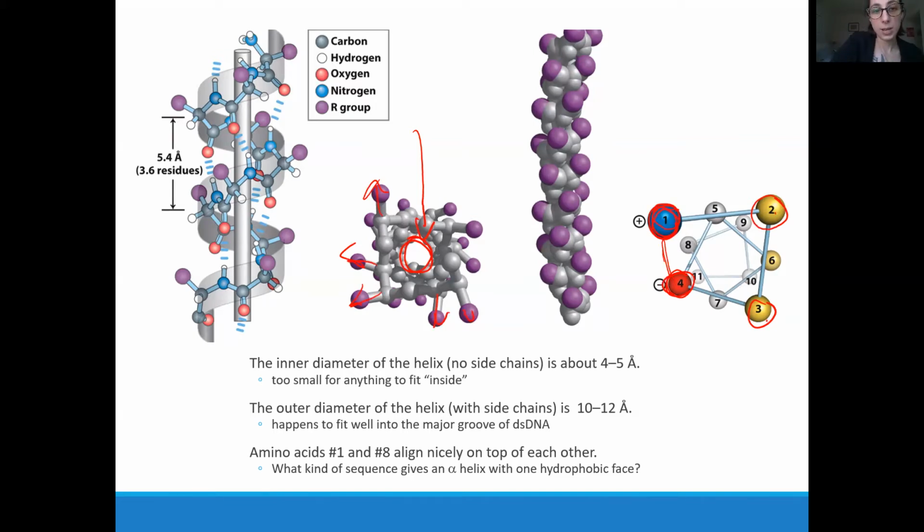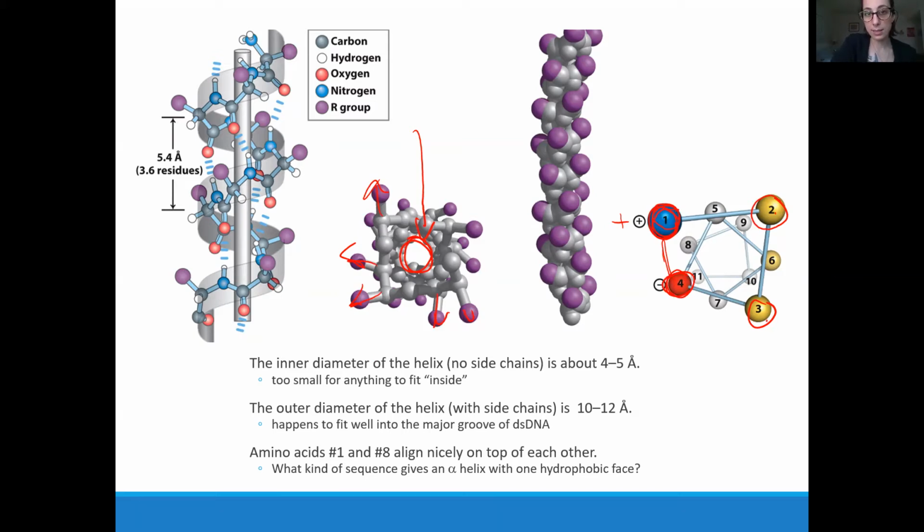Here we have this plus representing the positive polarity side of a hydrogen bond and the negative polarity side. Remember that hydrogen bonds form off of elements, normally nitrogen and oxygen, between the hydrogen of one element and the lone pairs of another.